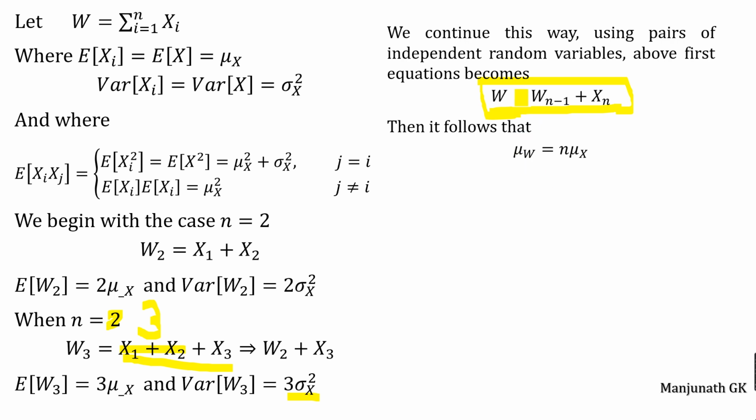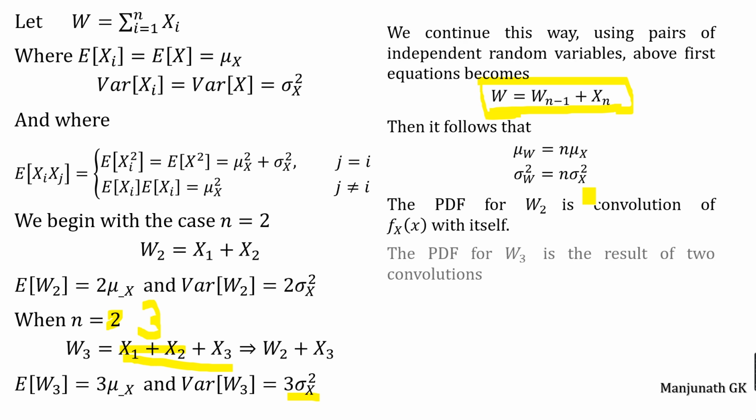The mean of that w is n times mu of x. If 10 random variables are considered, then the mean will be 10 into mu x. Similarly, the variance will be n times the variance here. If n is 10, then the variance of that sum of independent random variables gives 10 into the variance of x.